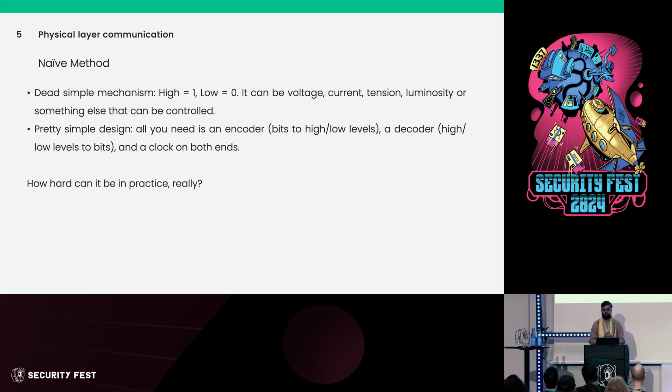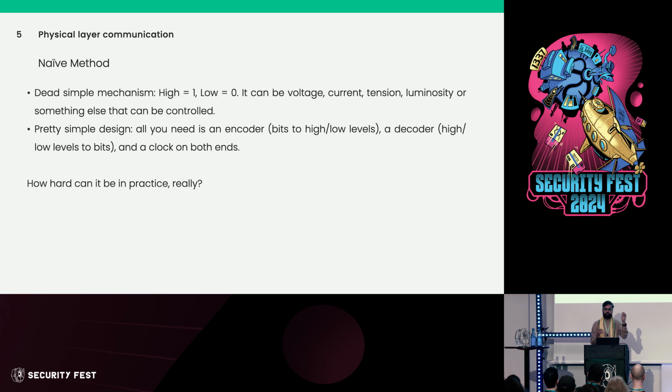So now suppose I want to transmit some bits. A very obvious approach can be that I set two values, whatever it is, it may be temperature, current, voltage, whatever it is. And I can say that if I set this value to high, for some definition of high, I will consider it as 1.